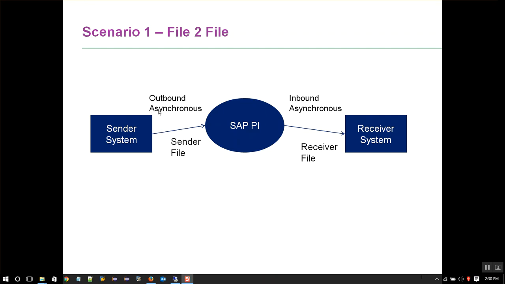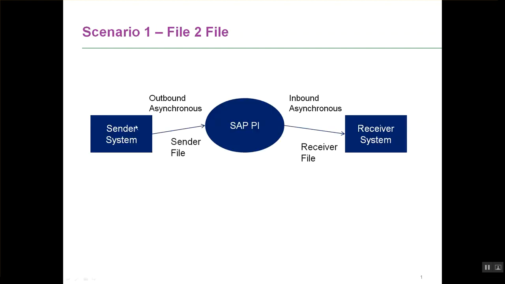What is the opposite of asynchronous? It is synchronous. A synchronous interface is an interface where the sending system will get a response back. So for the first interface that we are looking at, the sending system is going to send the file to PI. It is not going to expect any response, and hence this is what we call an asynchronous interface.